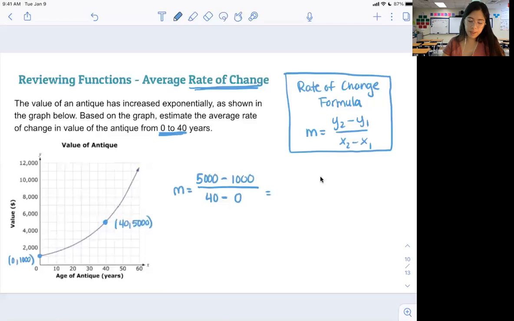And then you just do a little bit of math. So 5,000 minus 1,000, that's 4,000. 40 minus 0 is 40. And what would be 4,000 divided by 40? Good. 100. Now, we always want to do units. So this would be 100 what?